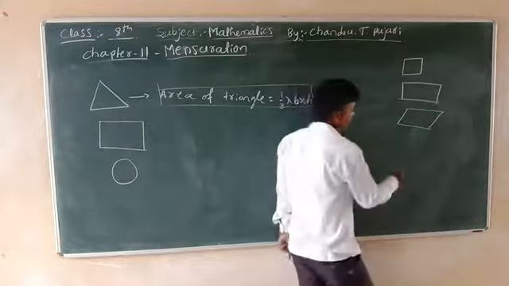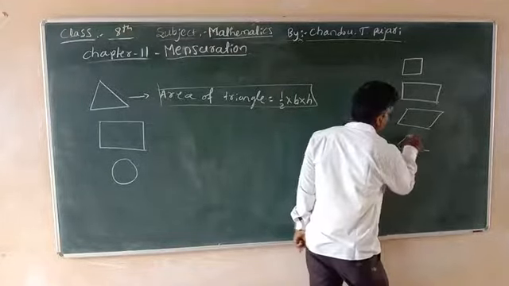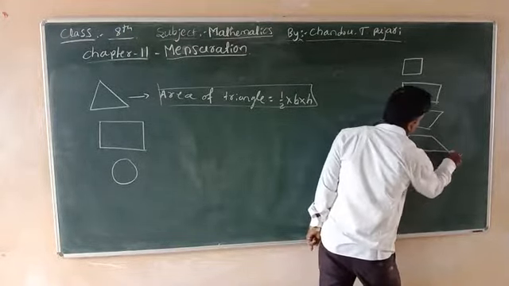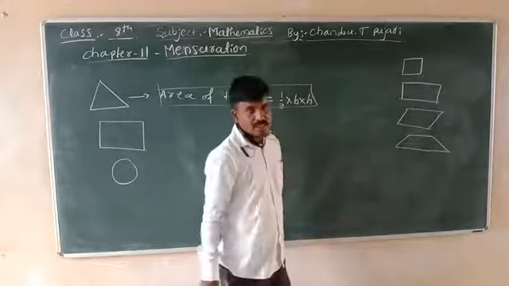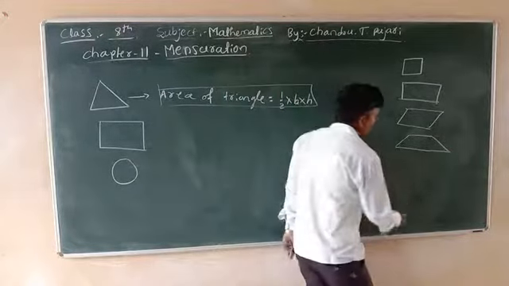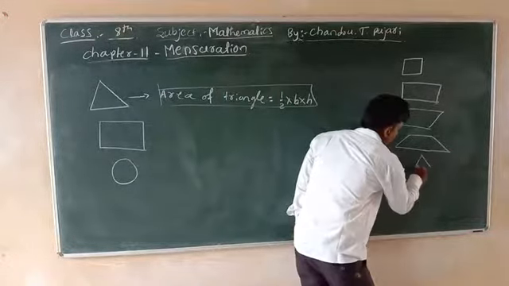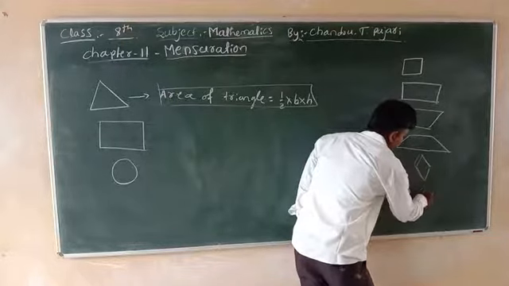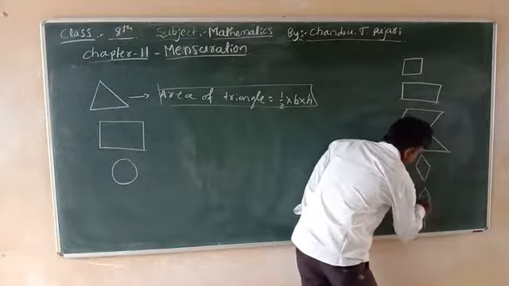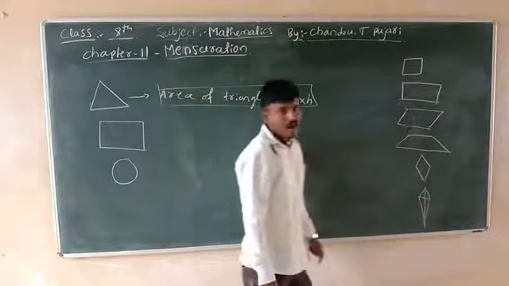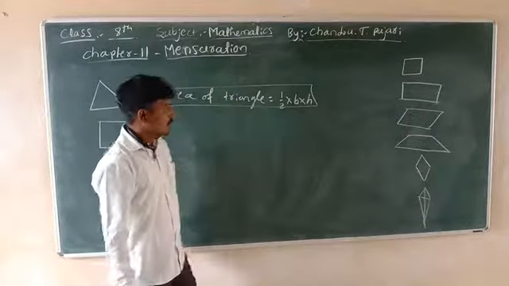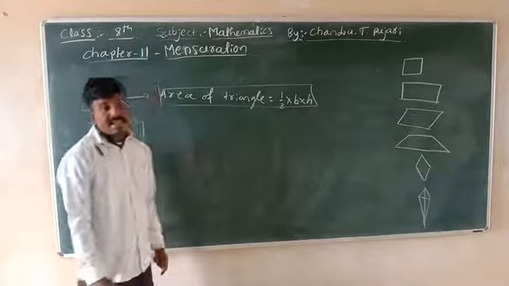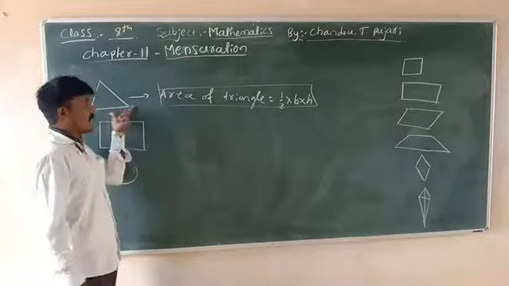Next one is the trapezium. Next, the diamond, which is the rhombus. Last one is the kite. These are the types of quadrilaterals. You can study the area of polygons and the area of a triangle.